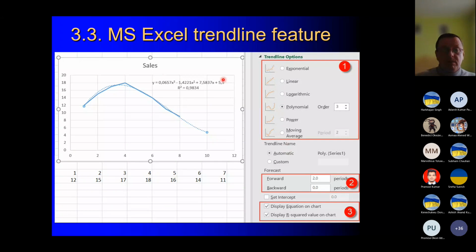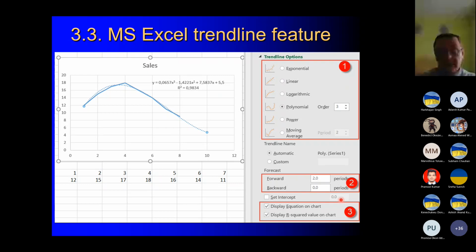And here is given an example of how to add an order 3 polynomial trend line and provide immediate forecasting for future development, the next 2 months in this case, and also visualize the model and the equation of the model and the coefficient of determination, which in this case depicts the reliability of this model and also provides an assessment of its quality, how well it fits our experimental data.